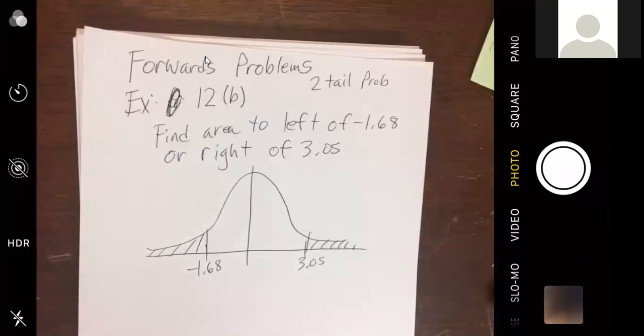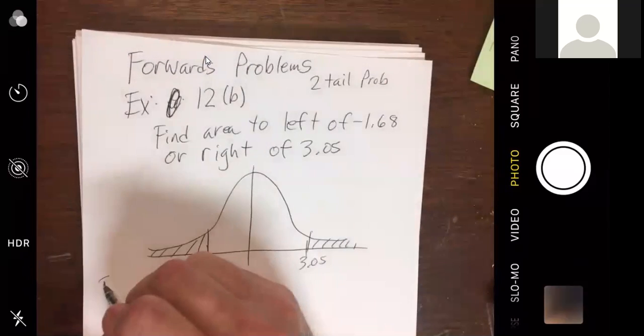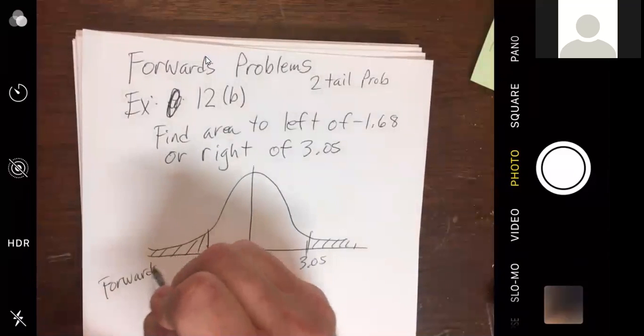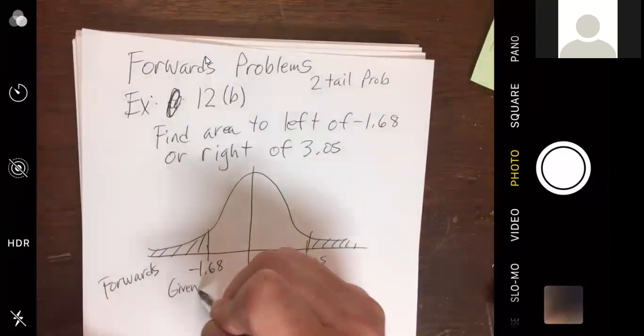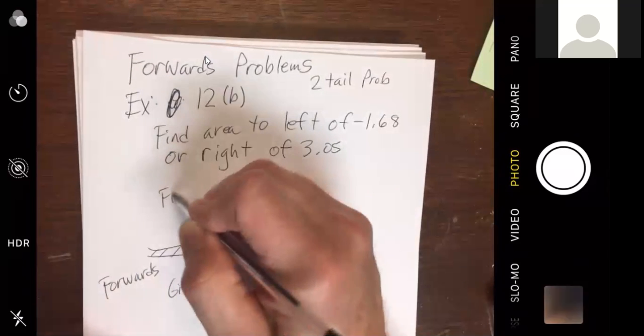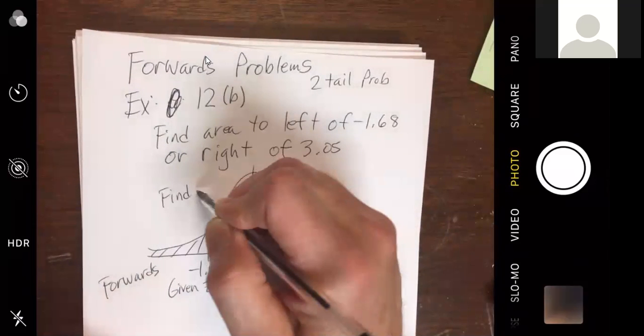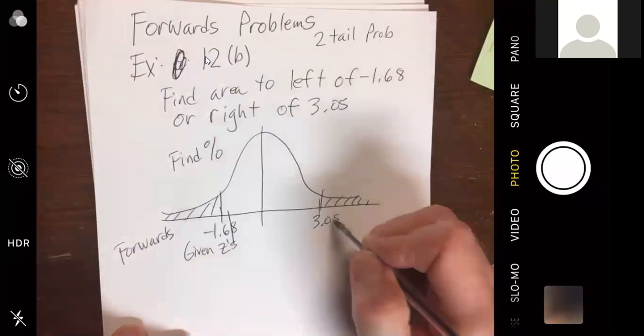All right. See, forwards problems, you're given Z's, and you want to find percents, and this is where you split off your hundreds places.